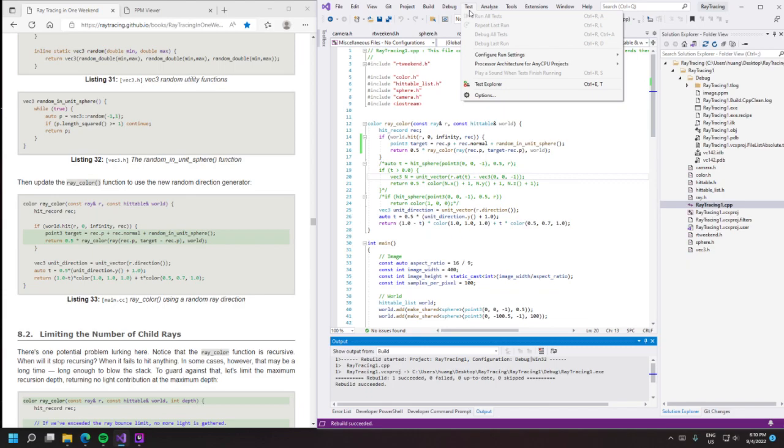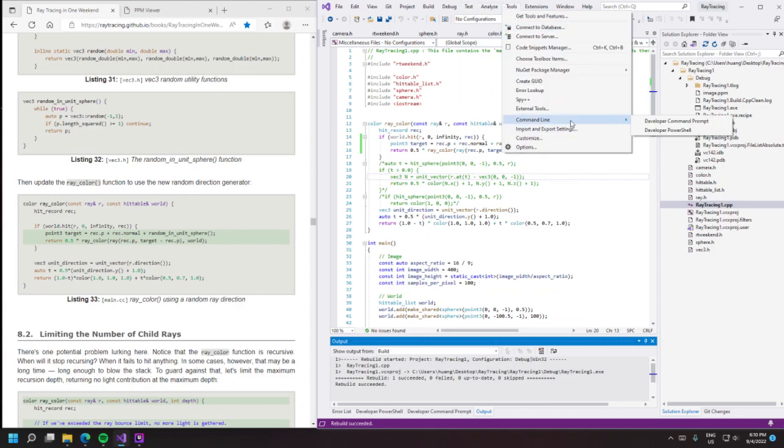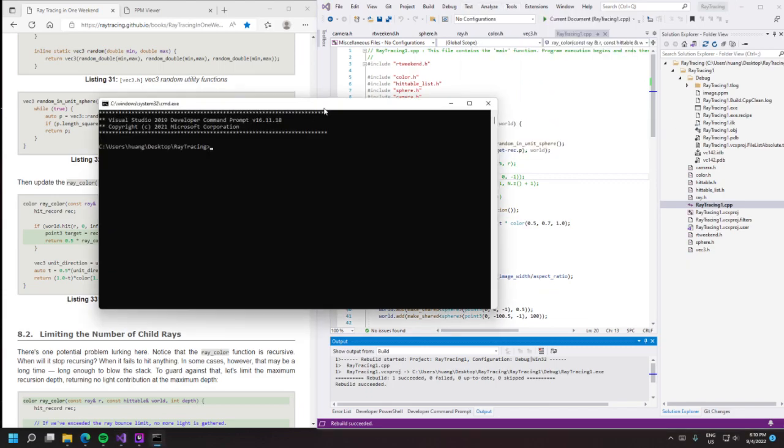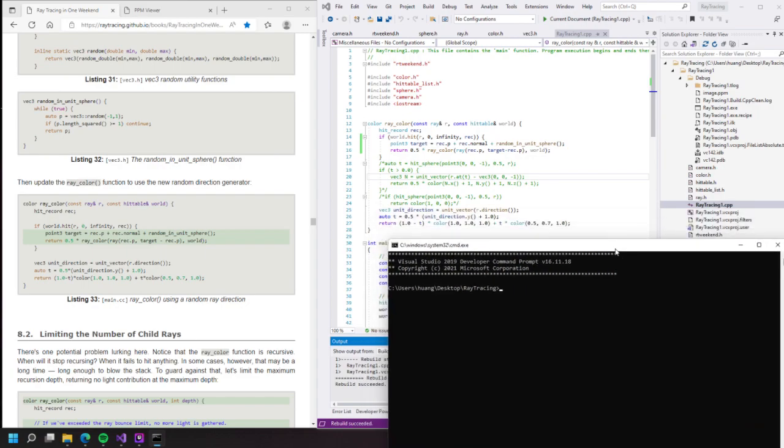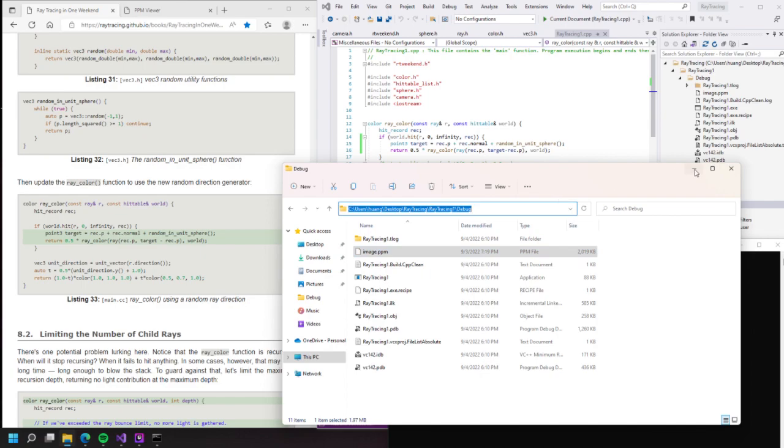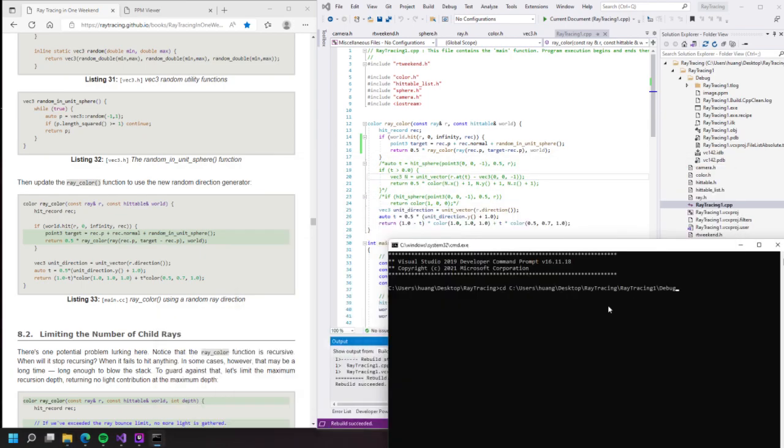And we're going to cd into the right directory. Okay, it's a similar process as yesterday.